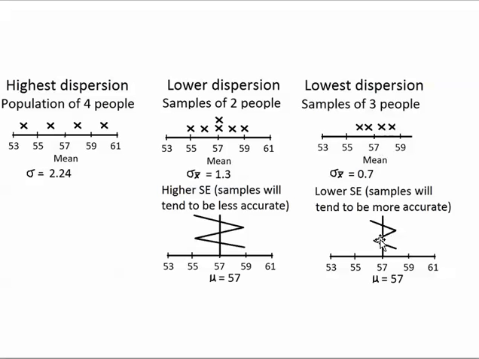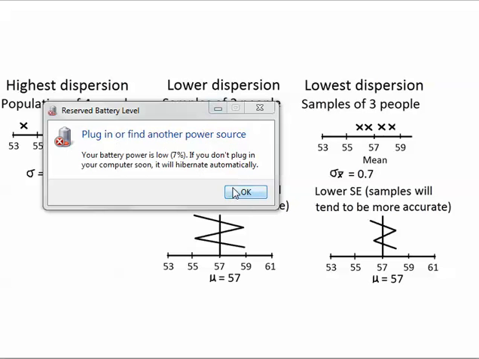It'll be more like this. Because if the possible samples are closer together, like they are here, the results will be more similar from one study to the next. If the possible samples are more spread out, you have less consistent results from one study to the next.